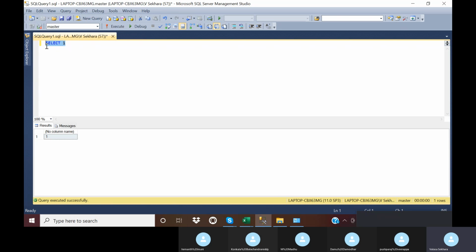This is the SQL language, which we write on top of SSMS. SSMS carries your request forward to the database engine, the database engine responds to your request, and then it sends the output back. That is the purpose of SSMS.